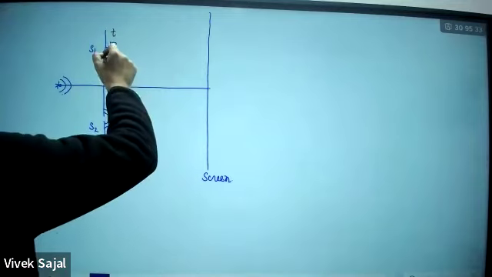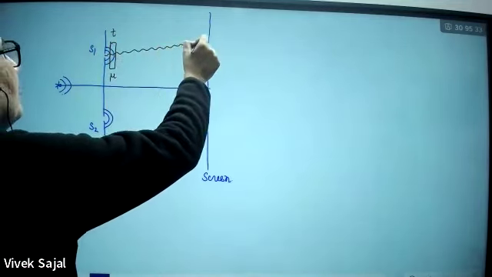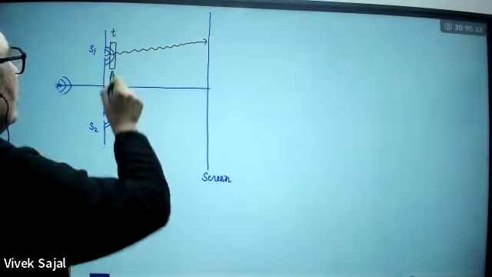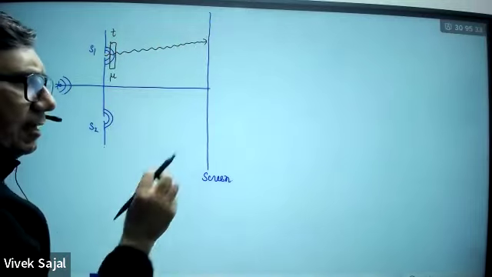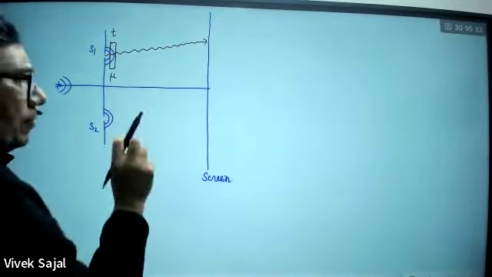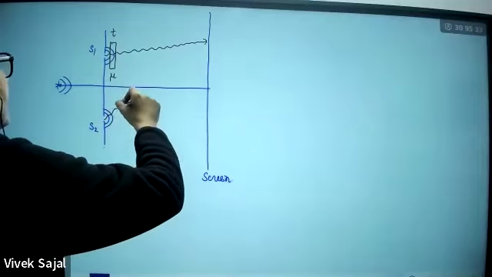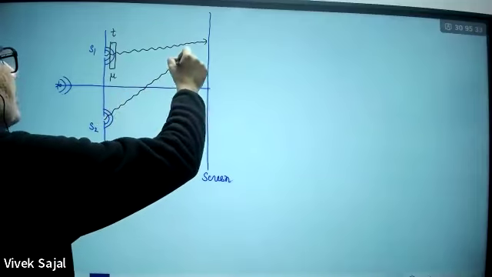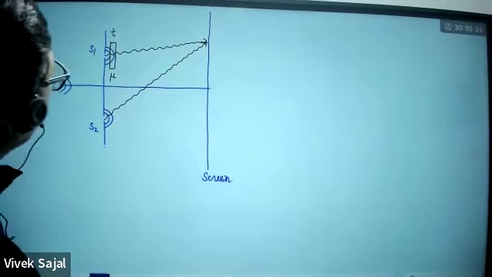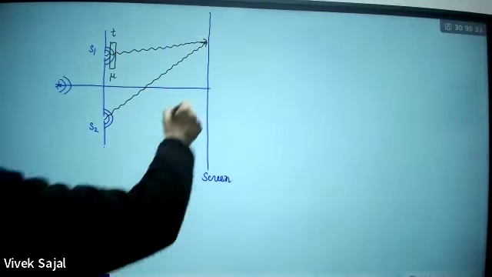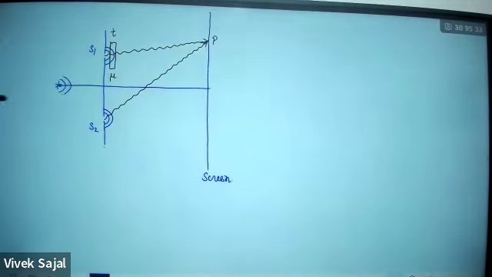So what will happen here? Light is traveling towards the screen, but in this journey it is passing through this glass plate, of thickness T. And this point is P. They are meeting here.